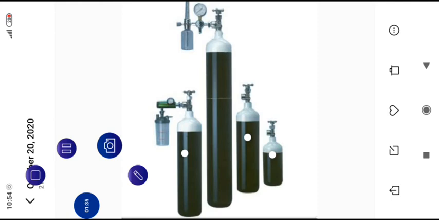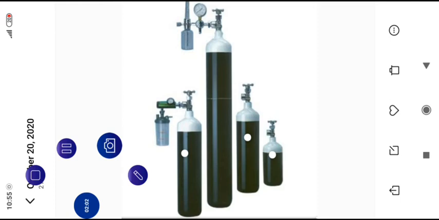So these items are critically needed for the survival of the patients, and they must be available in the hospital at all times. These oxygen cylinders are vital and very much needed for the business organization. Therefore, they must be available in the hospital at all times.